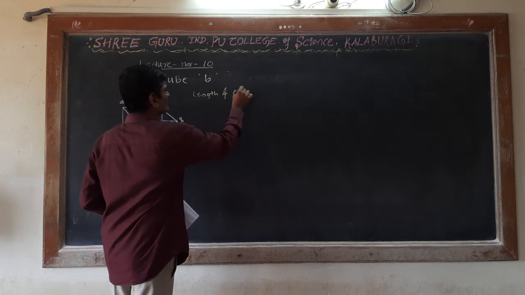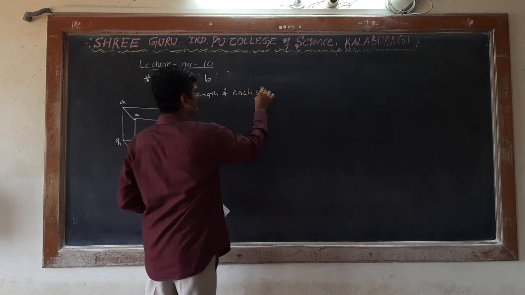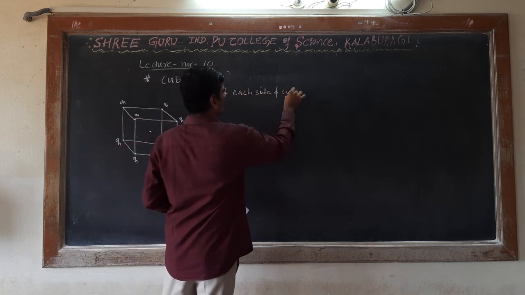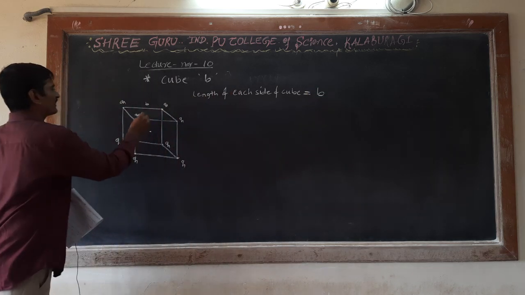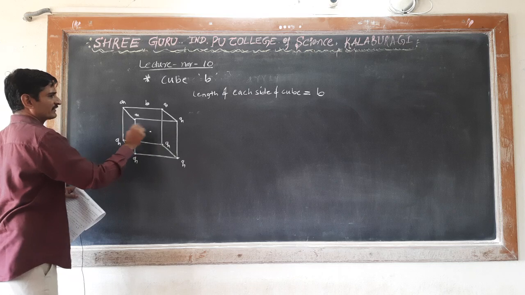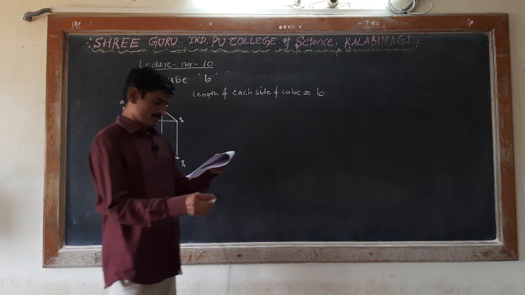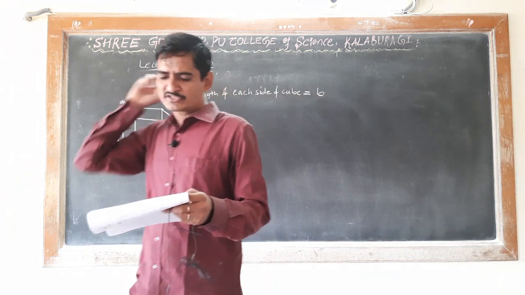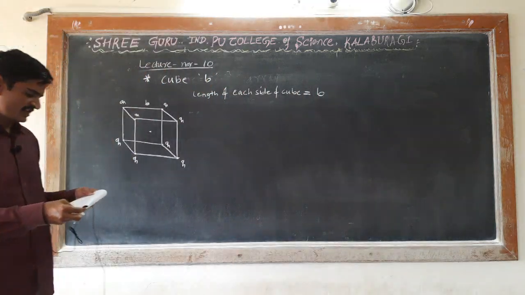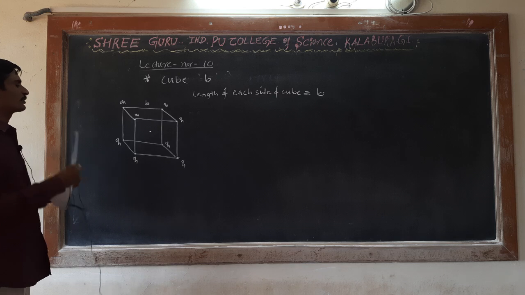The length of each side of the cube is b. All the sides are equal. Next, what else have they given? Determine the potential and electric field due to this charge array at the center of the cube.